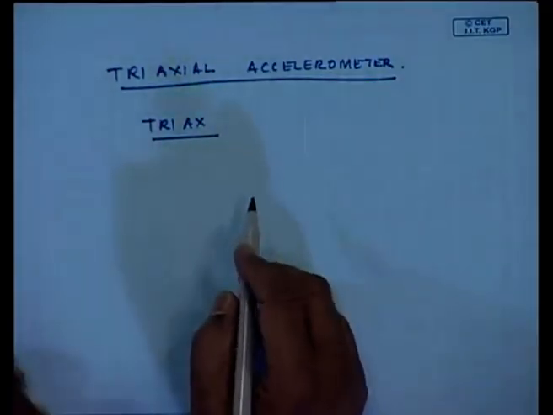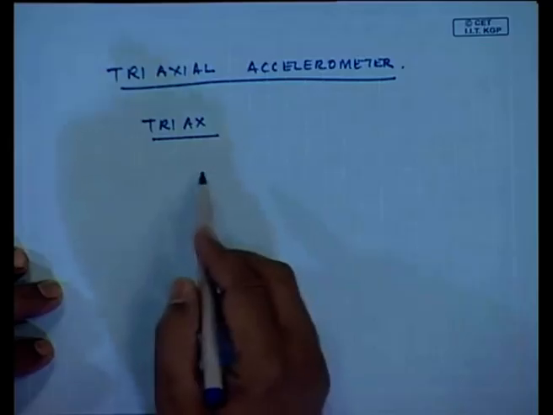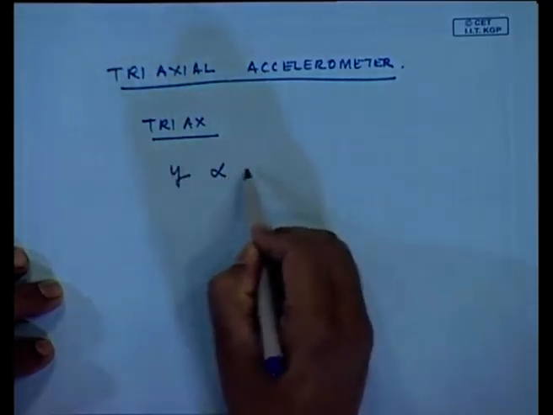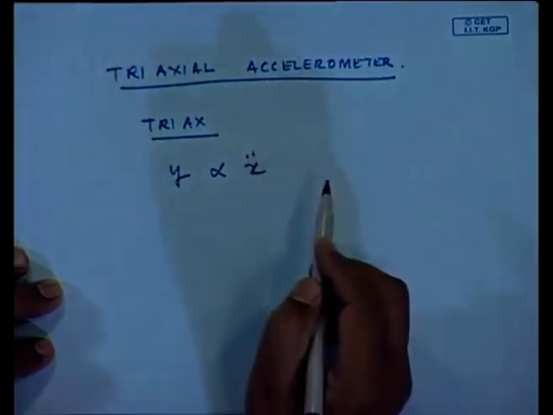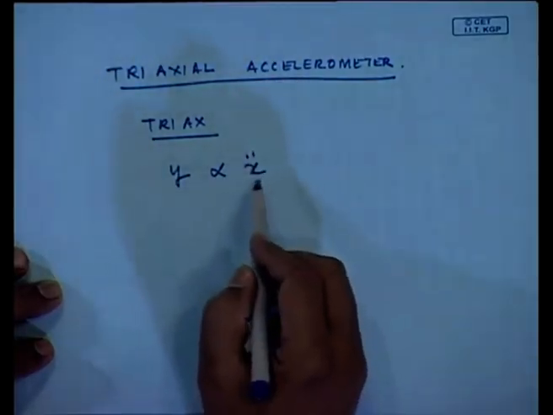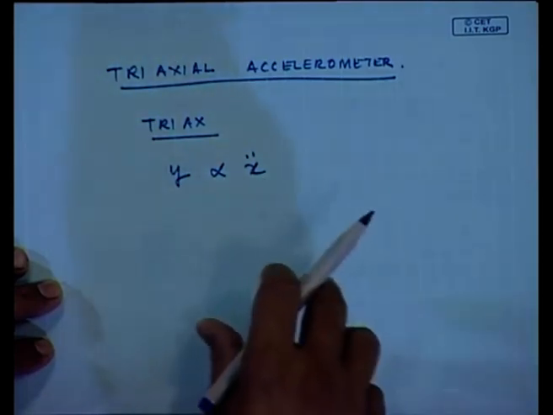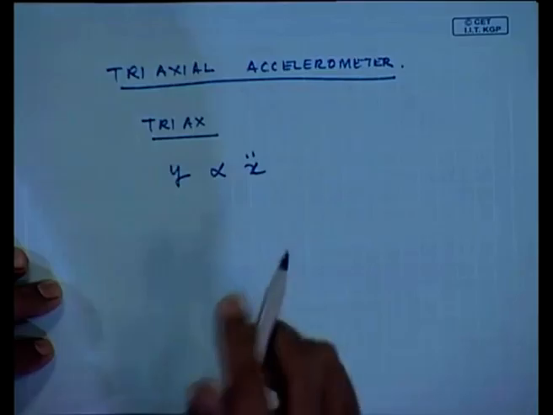So, the output which comes out of the displacement, you will see from the equations of vibration that the y can be actually proportional to x double dot, and then we will get a measure of the acceleration of the base to which this transducer is attached.